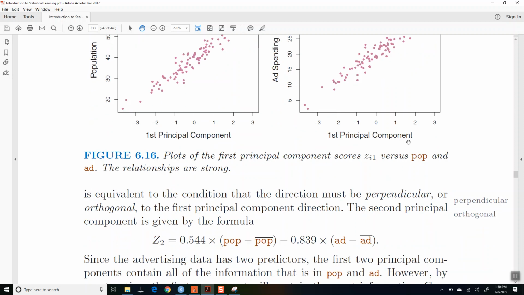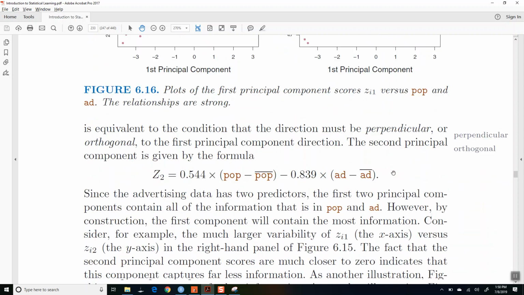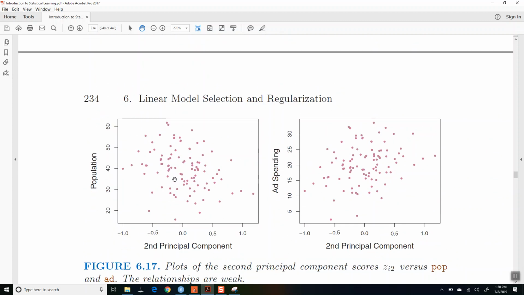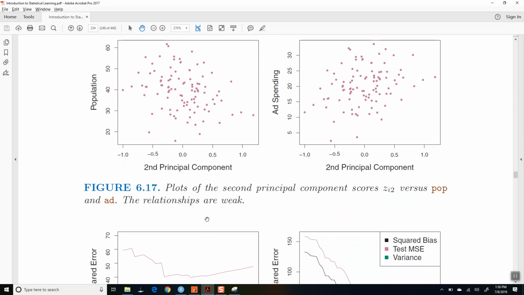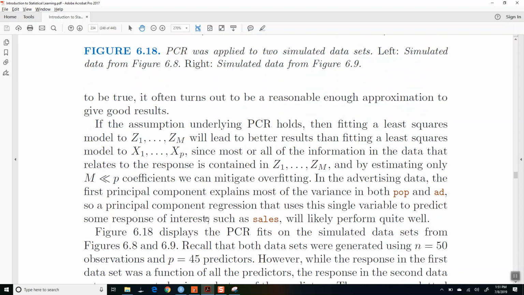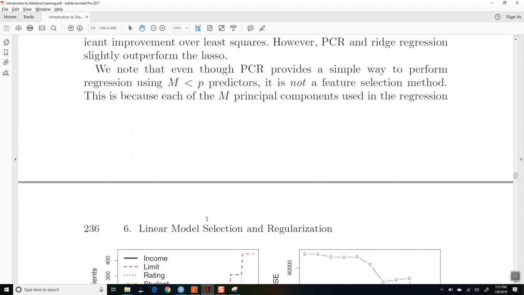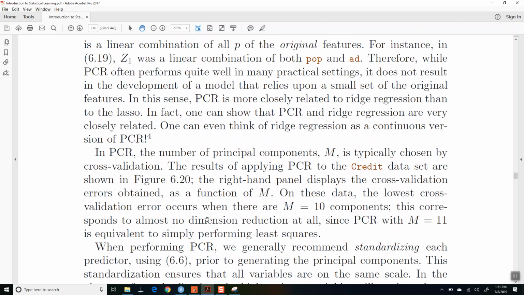And basically, it turns out that only the first principal component matters, because if you do regression on the second principal component, it's not zero correlation, but very low correlation, okay? And so you can end up getting dimension reduction, okay?